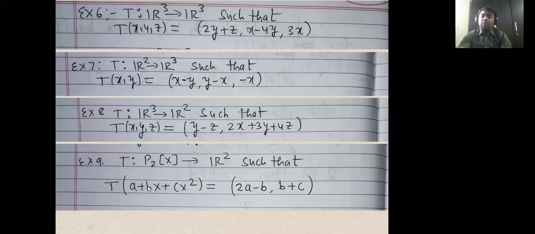But T of the polynomial is given to be this vector, so we will substitute it. That is further equal to (2a minus b, b plus c) such that a, b, c belong to R.